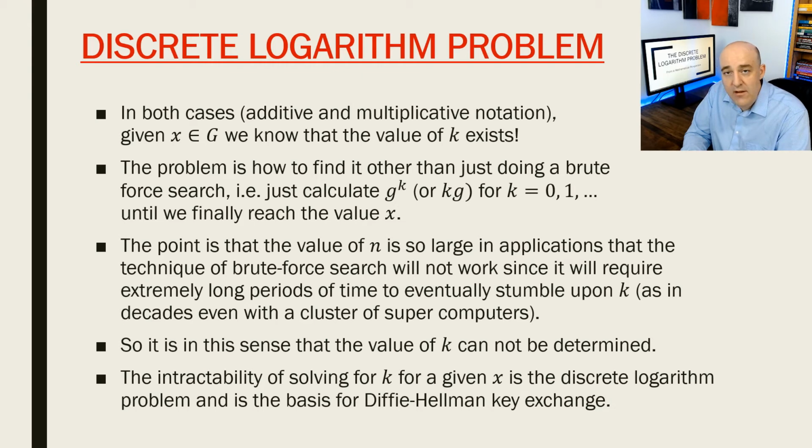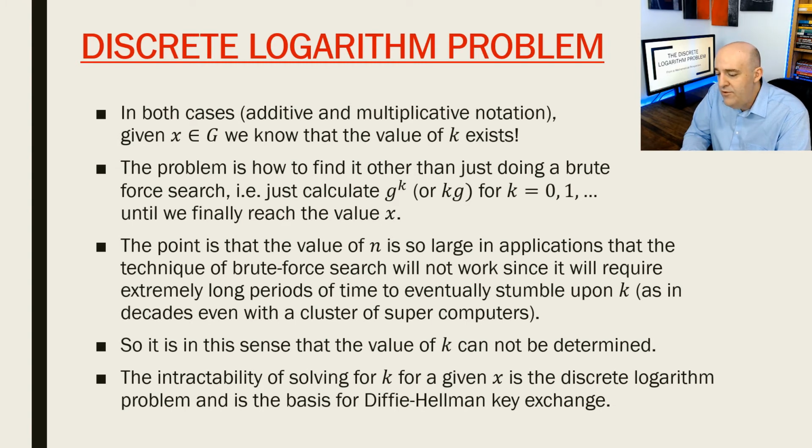And technically, you will eventually find it. But the point is that in practice, the size of these groups is so large that even if you try to find the value of k using a cluster of supercomputers, it's going to take you an extremely long period of time, as in decades or centuries or whatever. So it's in this sense the value of k cannot be determined, even though it exists.